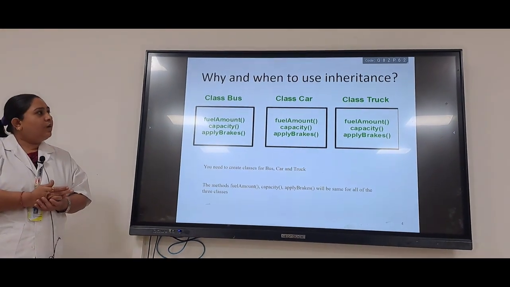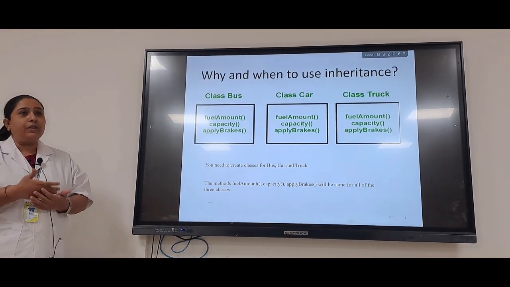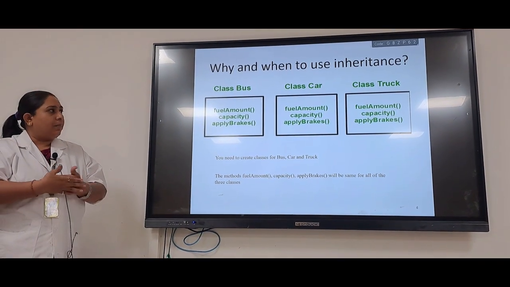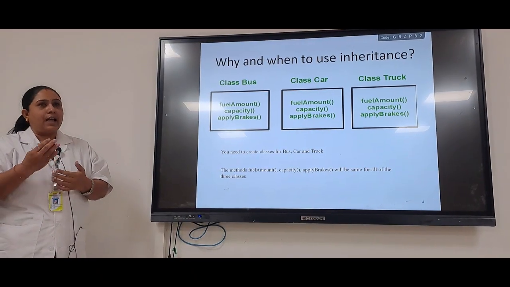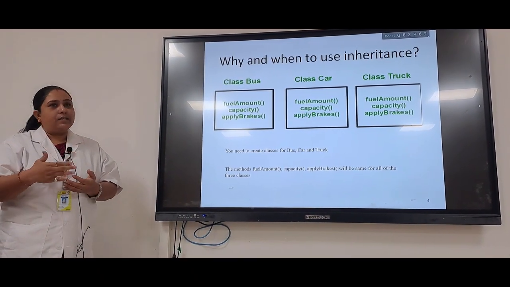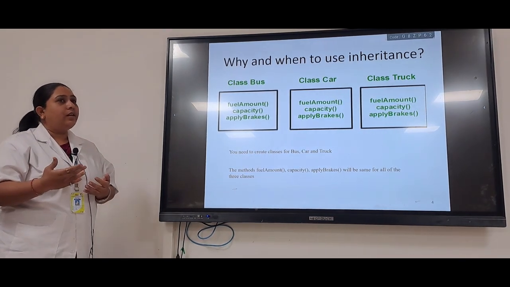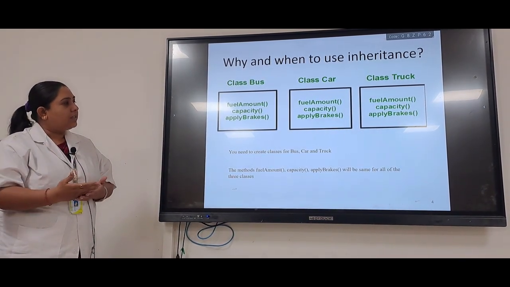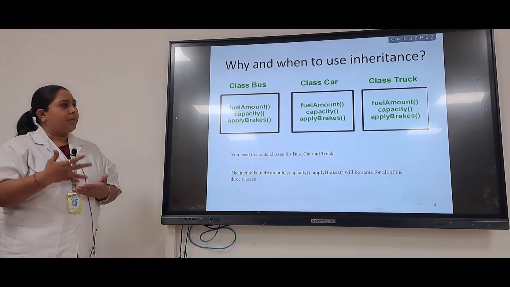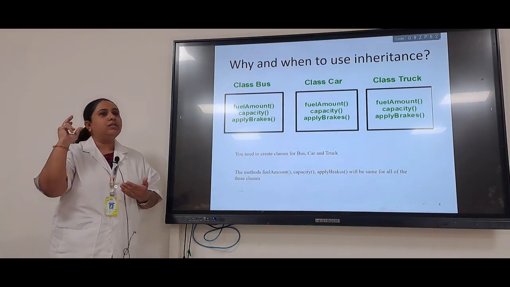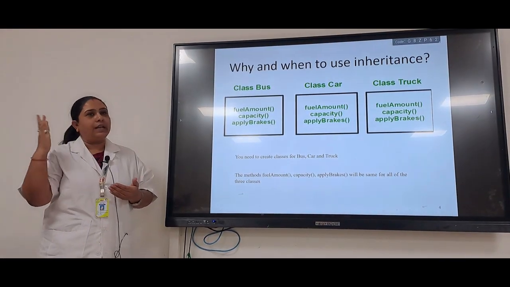The question comes: when and why do we use inheritance? In what situation do we use it? For example, if I have to make three classes, a bus class, a car class and a truck class, then methods like fuel amount, capacity and apply brakes will be common for all three classes.